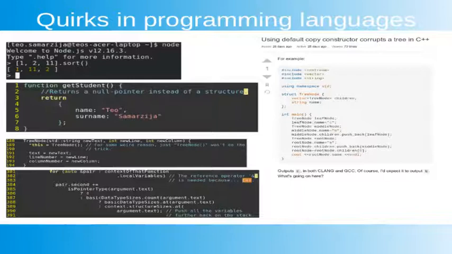So here are examples of quirks in programming languages, in JavaScript and C++.